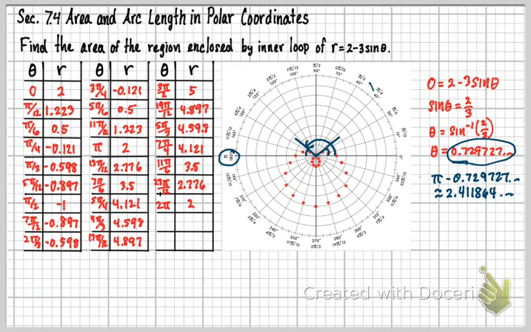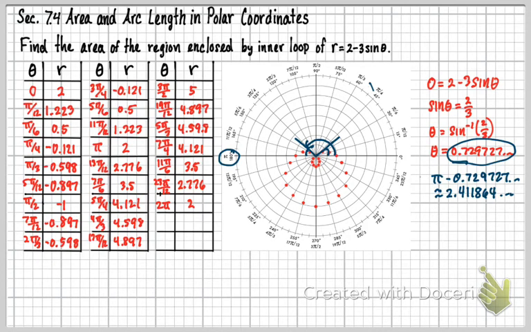Now again, I want to be very specific with my bounds so that I can be exact. I don't want to use these decimal approximations, but I gave those to you so you can get your hands on what we're dealing with here. Instead of writing sine inverses, that looks a little intimidating on a grid like this. So now we're just going to set up those integrals.